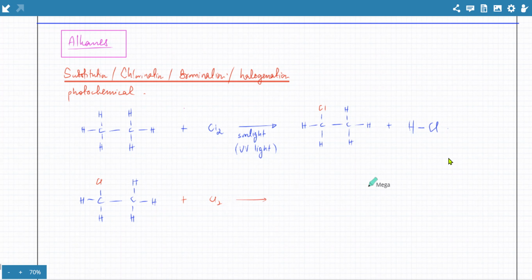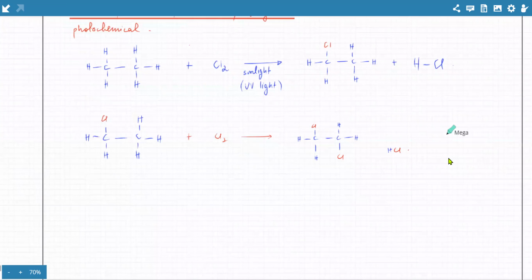Again, what would happen is that any one of the hydrogens, the rest were all hydrogens, is going to get substituted by chlorine once more. So it gets knocked out, and in its place, you're going to have Cl taking over, and an HCl molecule would be produced simultaneously with it.